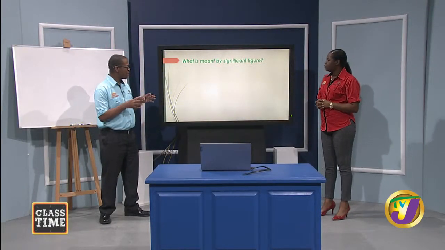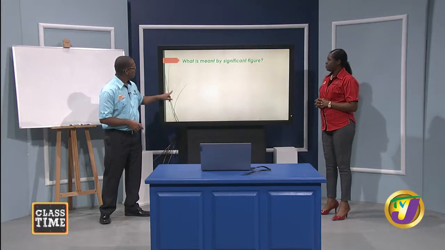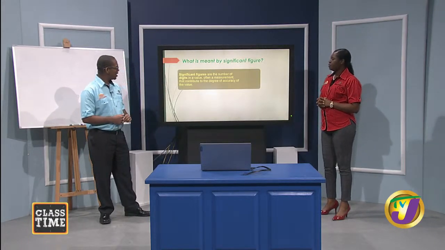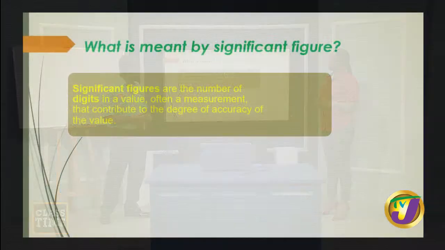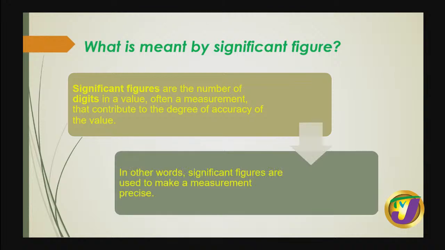Yes, so that word significant means that it's important for some reason, right? Yes. Okay. So significant figures are the number of digits in a value, often a measurement, that contribute to the degree of accuracy of the value. In other words, significant figures are used to make a measurement precise.